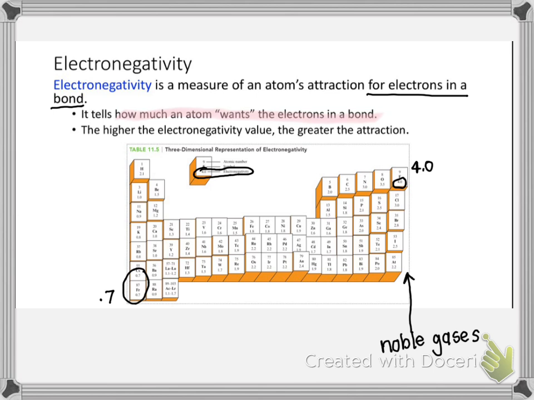They don't have electronegativity values because these are values that have to do with bonding. I don't want to say sharing electrons, it's bonding. So let's define polar and nonpolar bonds, and then let us see how we can apply the electronegativity values to the definitions.